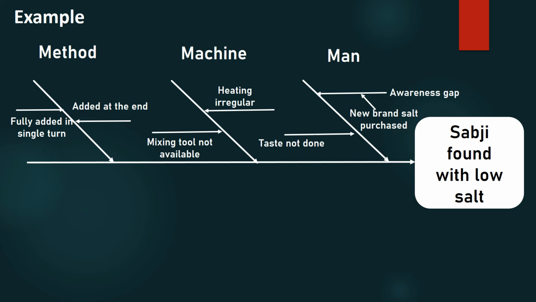Here I am not a skilled cook. Even when I made it, I have to follow all the procedures, methods and the measurement system, and that was not followed. So by considering all these things, I am listing out all possible causes. On measurement, one more cause is that it is not defined how much salt to add for any sabji.